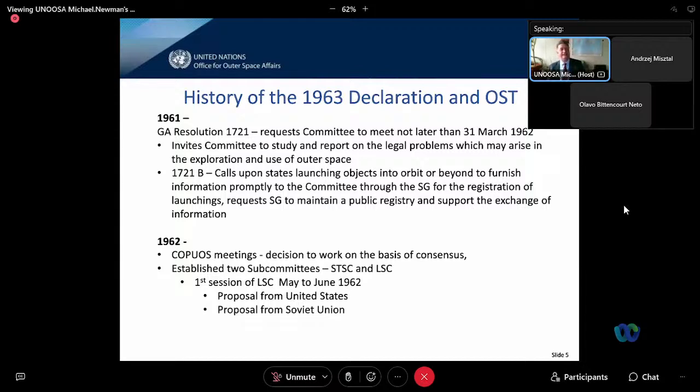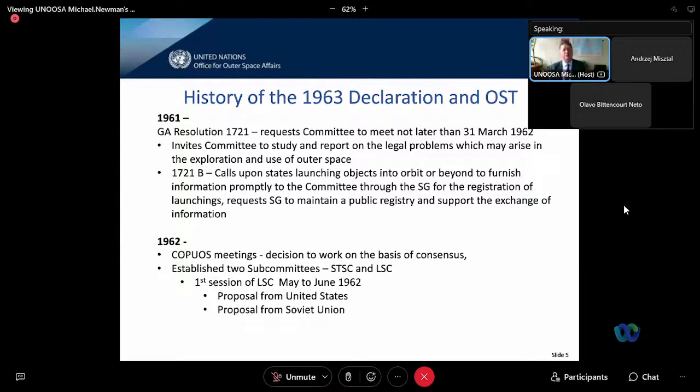So in 1962, of course, in the early part of 1962, COPUOS held meetings, and it established the two subcommittees, the Scientific and Technical Subcommittee and the Legal Subcommittee. And the first session of the Legal Subcommittee, chaired by Manfred Lachs, was held from May to June in 1962.